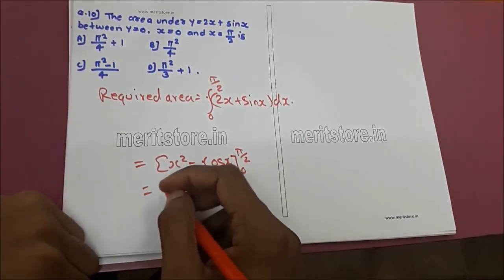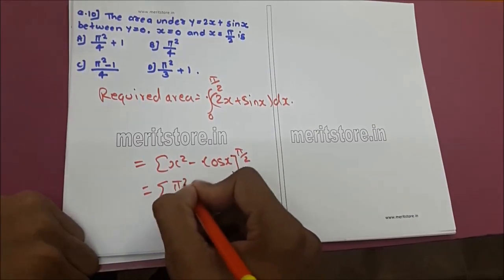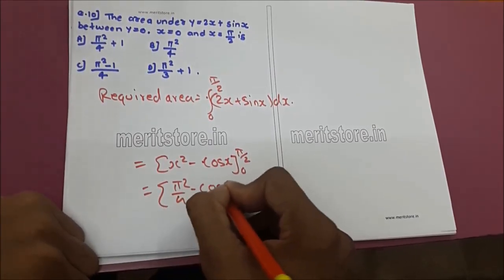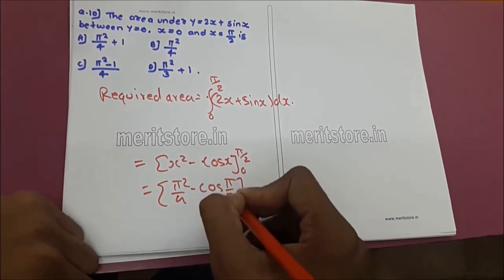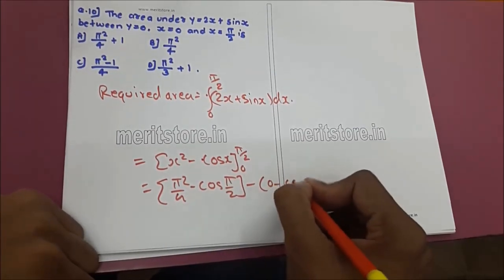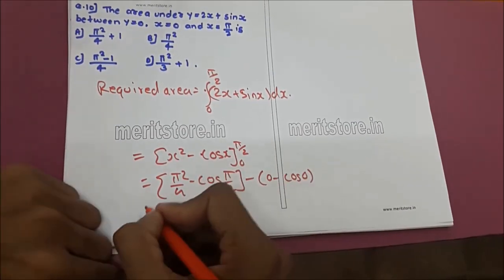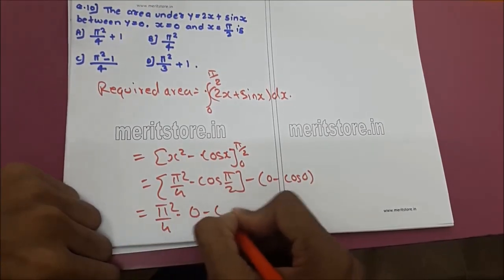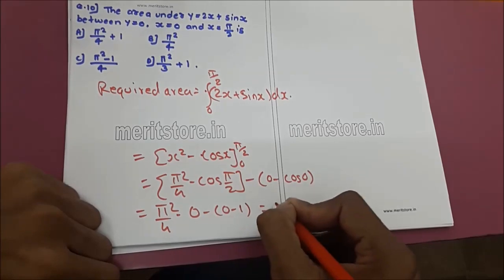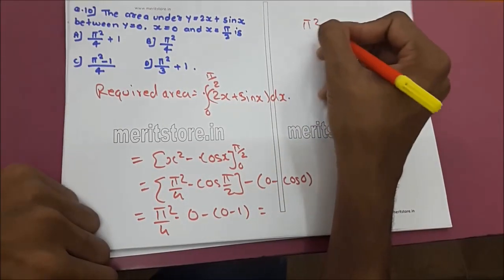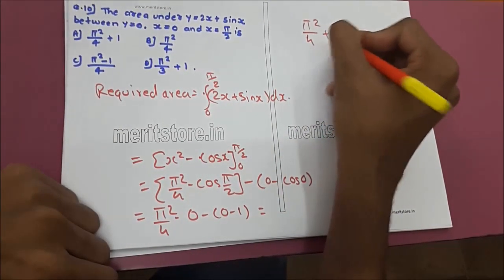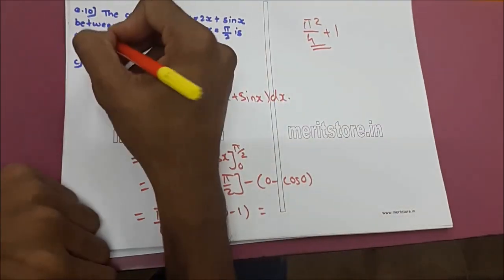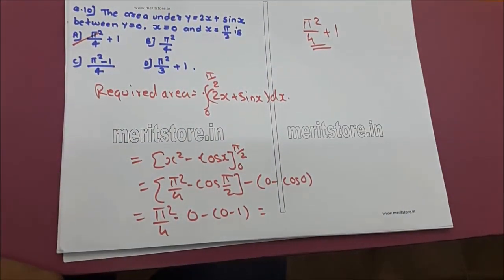Substituting the limits in x, we get pi square by 4 minus cos pi by 2, minus 0 minus cos 0, which turns to pi square by 4 minus 0 minus 1, which gives us pi square by 4 plus 1, which is option A. Option A is the correct answer.